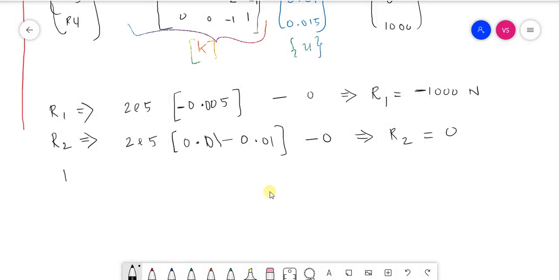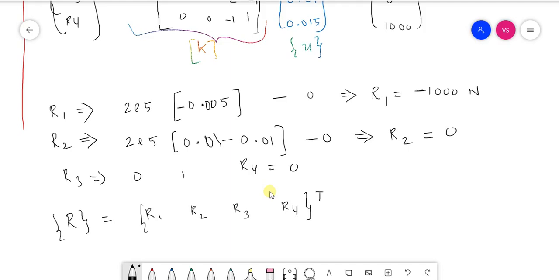So I will leave it for you to check whether you have R3 as 0 and R4 also should be 0. So if you want to write the reaction vector, it will be R1, R2, R3, R4 transpose. This will be minus 1000, all others are zeros, Newton, transpose.